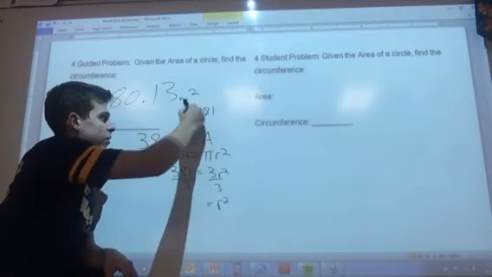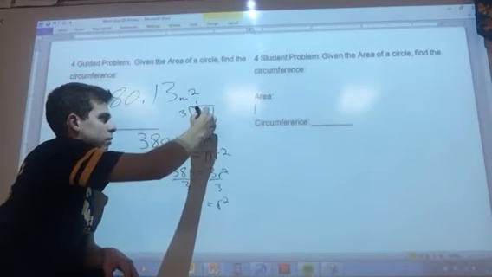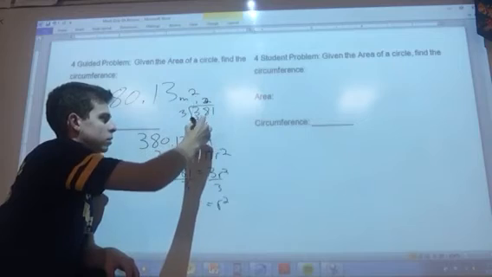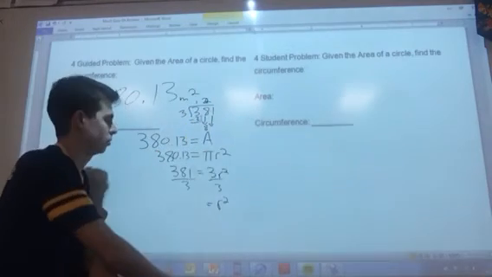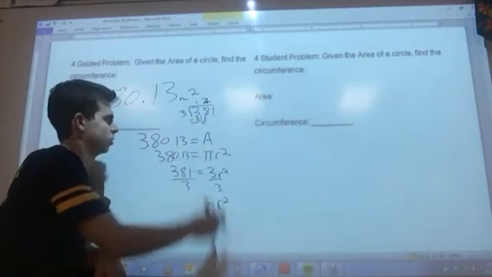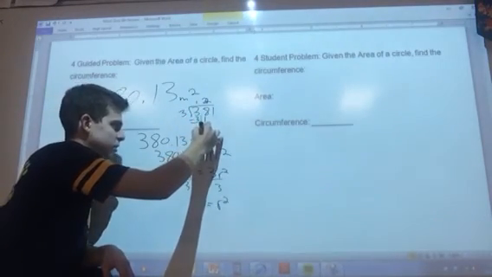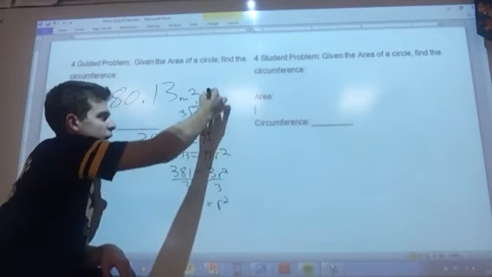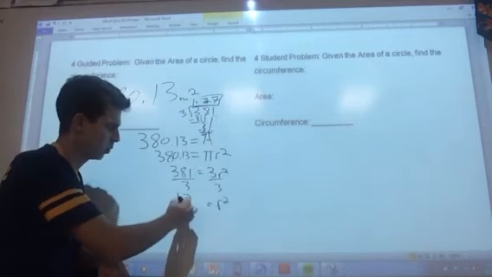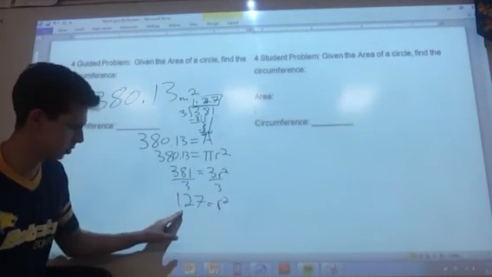So 381 divided by 3: bring down the 8, 6 minus, there's 2, and I get 127. So which perfect square is this closest to?